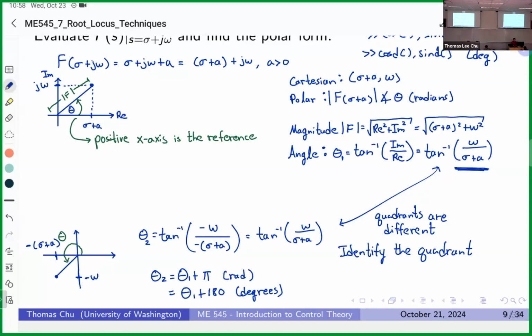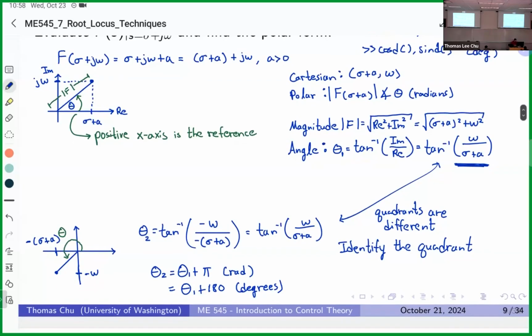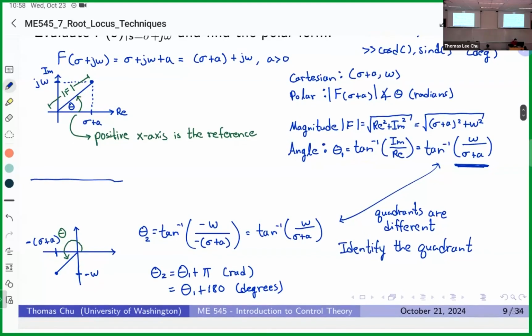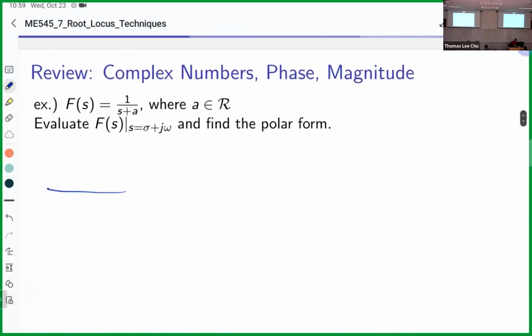So is it applicable if it's only 2 quadrants away? What do you mean? Oh yeah. So let's say it's in the 4th quadrant, the angle.